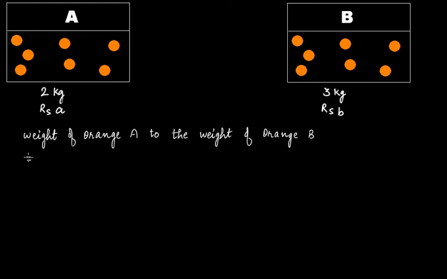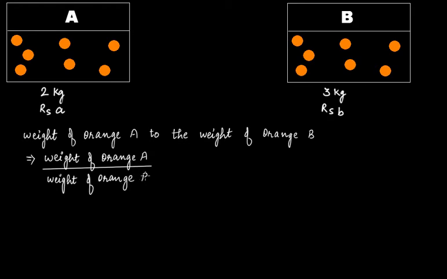Let's write it in the form of ratio. So this will be weight of orange at shop A to the weight of orange at shop B. This is the ratio, weight of orange A to the weight of orange B, and this is equal to 2 to 3, that is 2:3.